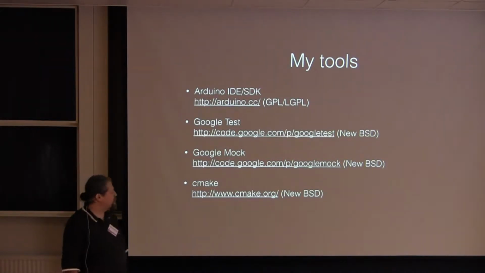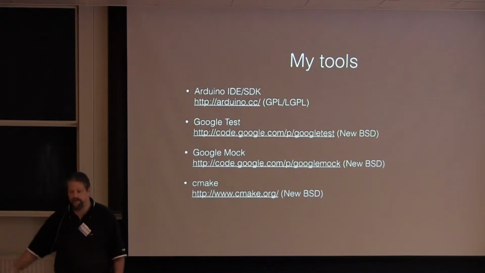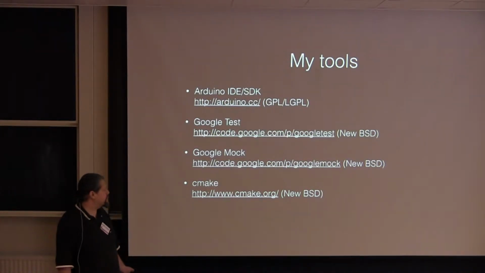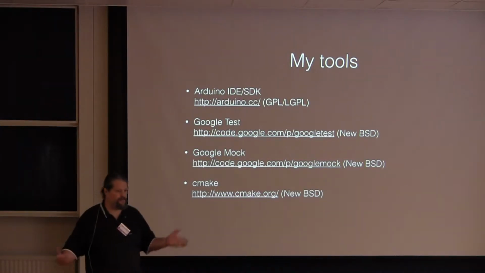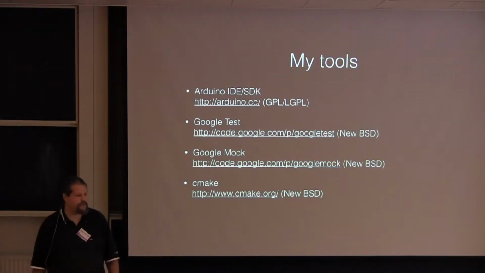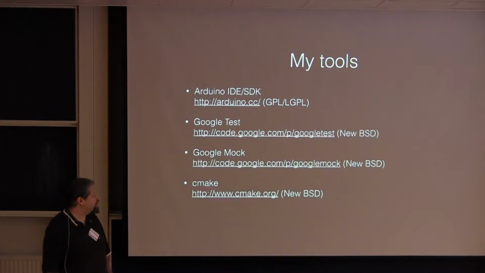It's quite easy to use. In other unit test frameworks, you have to specify a header file and a lot of things. In Google Test, you just write this is a test, and then you run it. So it's very little overhead.